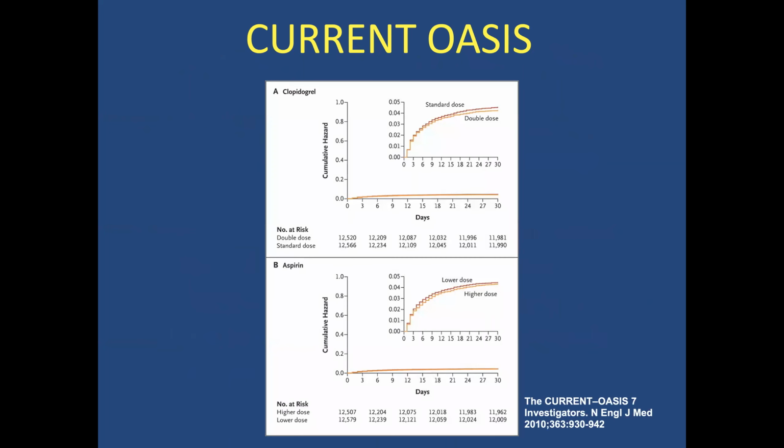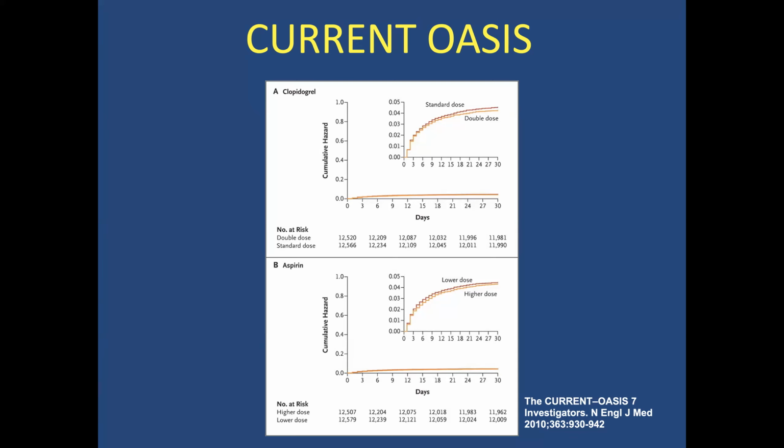I will mention quickly the CURRENT-OASIS trial. This is in regards to the appropriate dosing of aspirin. So this was a 2x2 factorial study that actually looked at patients who had undergone PCI, and it looked at either standard dose or double dose clopidogrel, 75 or 150 milligrams, and then looked at aspirin, 81 milligrams versus 325.